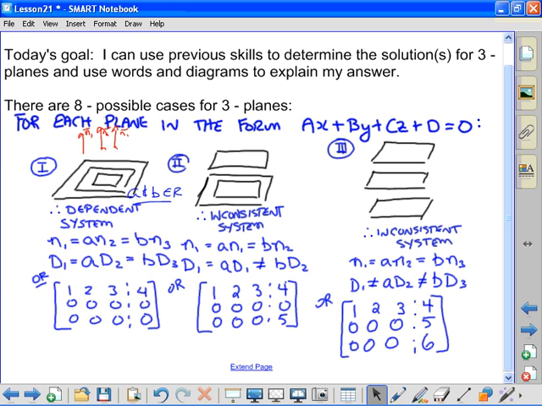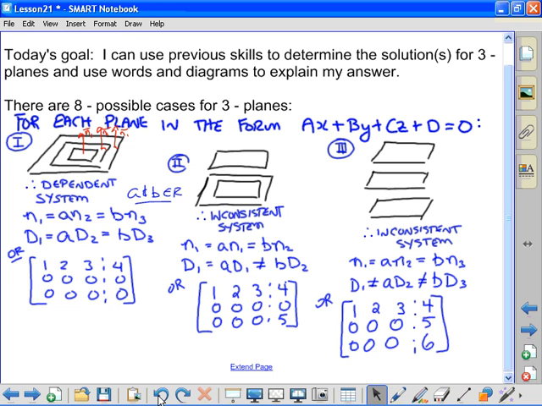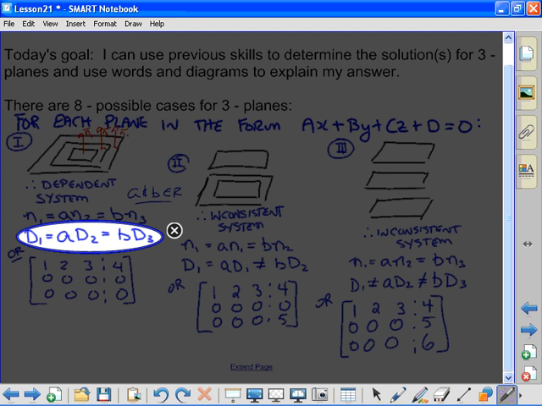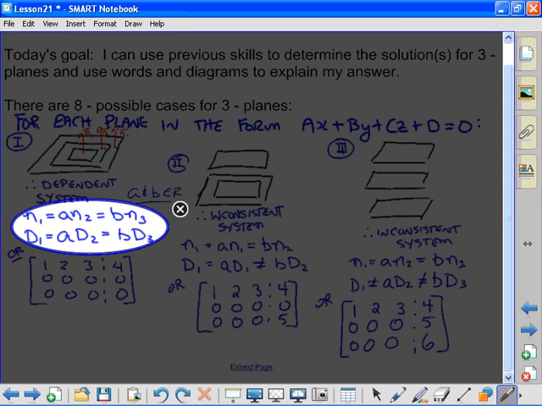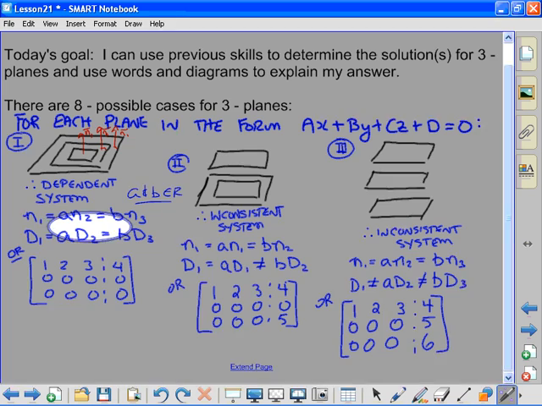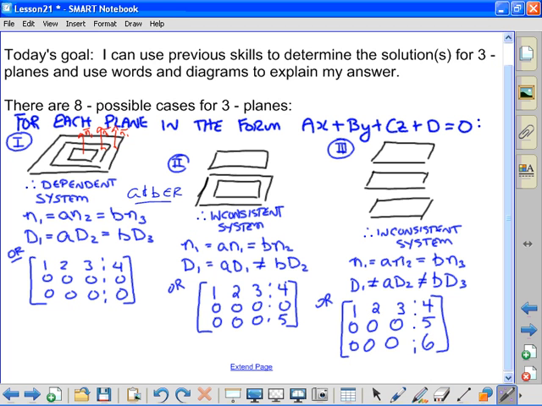And then your second check: for this to be true, the constants also have to be multiples. So if all three are coplanar, in the same plane, or all coincident, the normals are multiples of each other, and the constants are multiples of each other. What I've provided below is what the resulting matrix will look like.